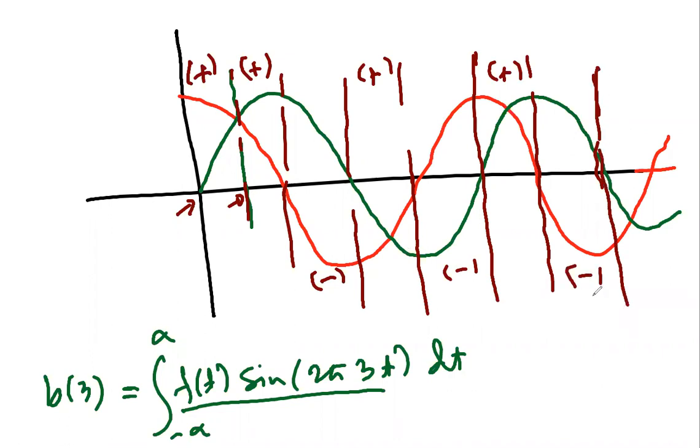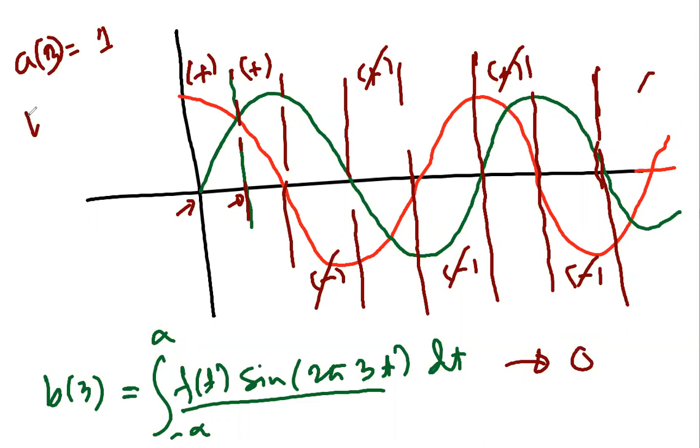So if you go through, you'll find that the positive and negative, positive and negative, will cancel each other. And eventually, you will get B3 very close to 0. That means you already have A3 equals 1 and B3 equals 0.